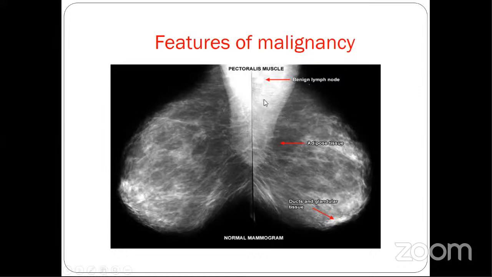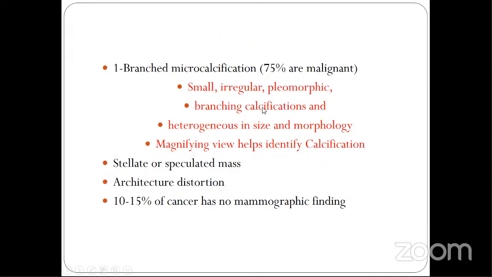As you can see here, the benign lymph node, this is adipose tissue, okay, and the duct and glandular tissue. As you can see here, the normal mammogram, and this is the pectoralis muscle. So what are the signs or features of malignancy in mammography?